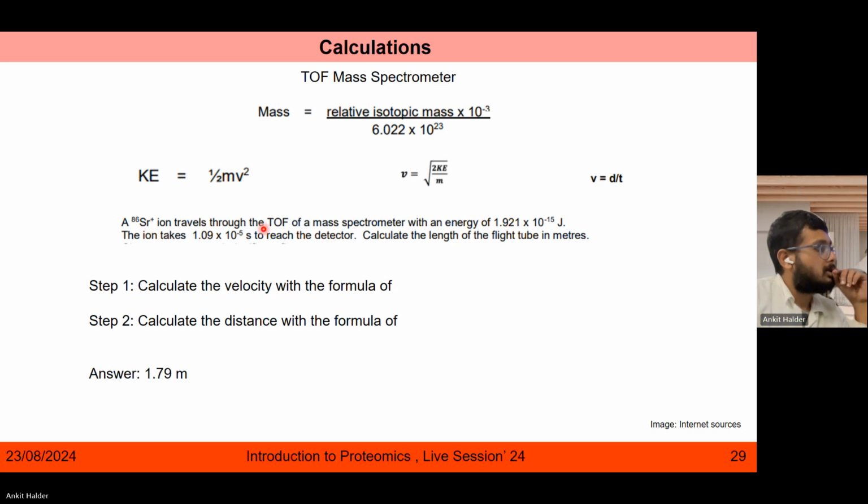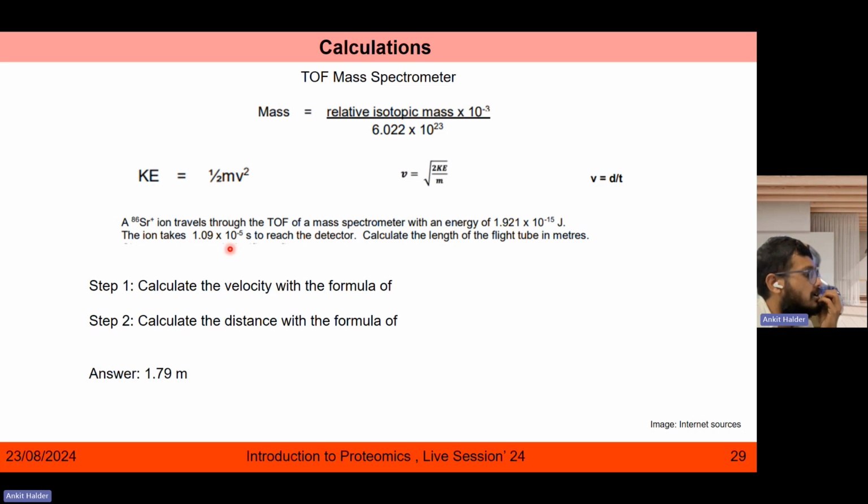So 56Sr+, that is the strontium ion, travels to the top of a mass spectrometer with an energy of 1.921 into 10 to the power minus 2. That is, the kinetic energy is given.